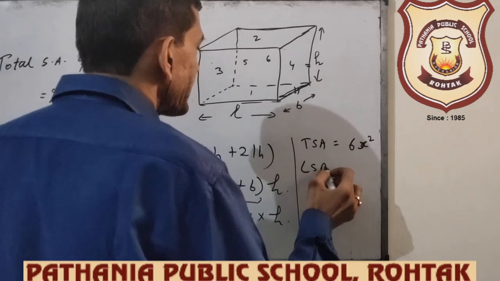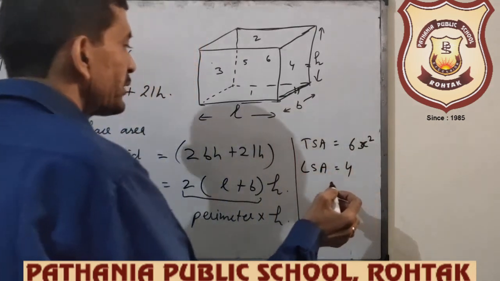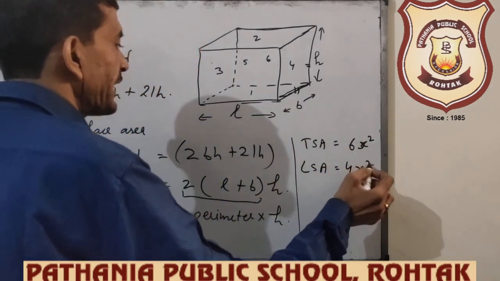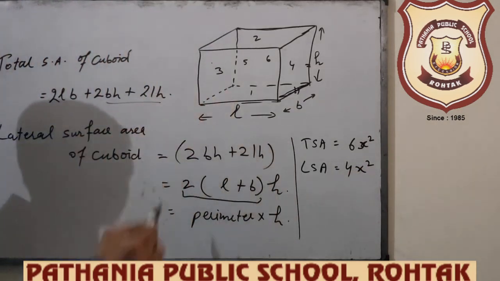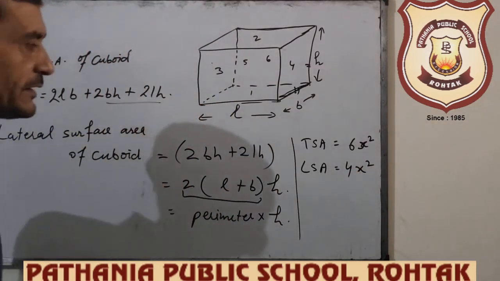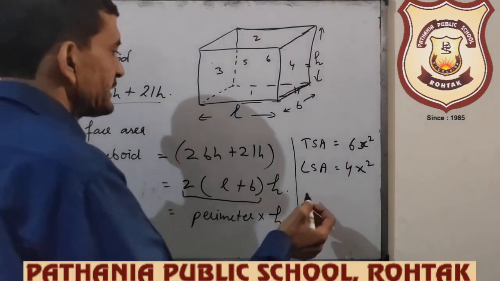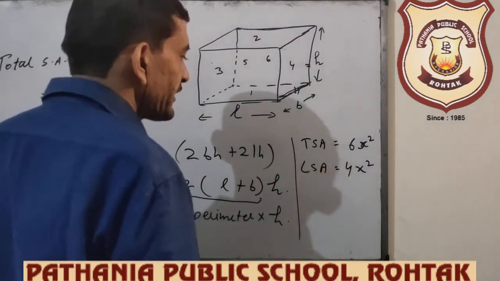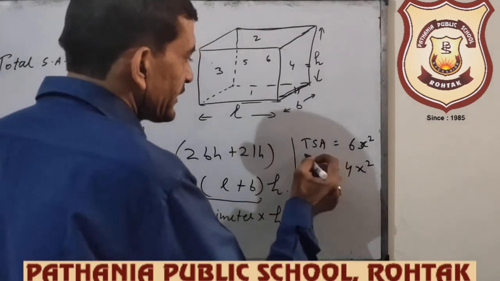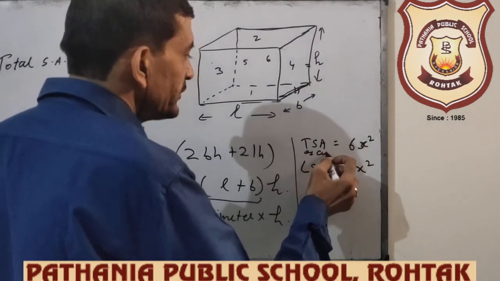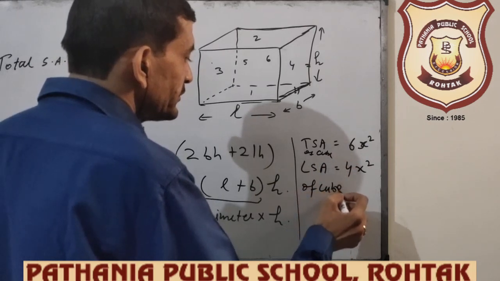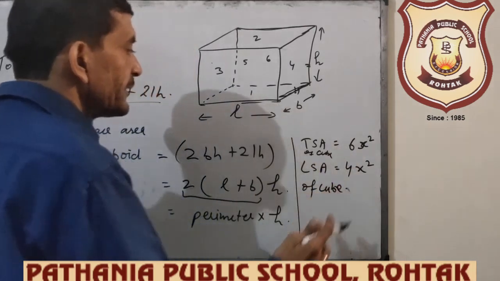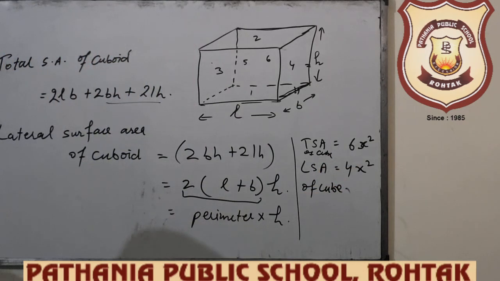Lateral surface area is what? 4 into side square, because 4 faces are there. And all the faces in case of cube are equal. So this is the total surface area and lateral surface area in case of cube. So take care of all these.